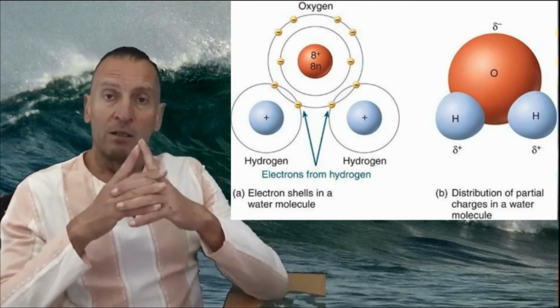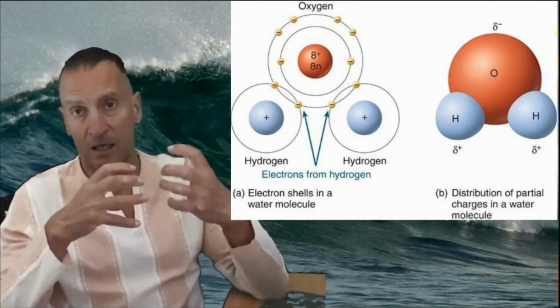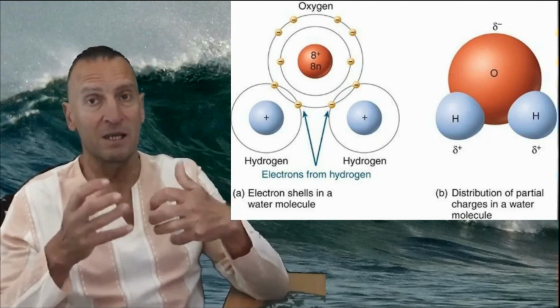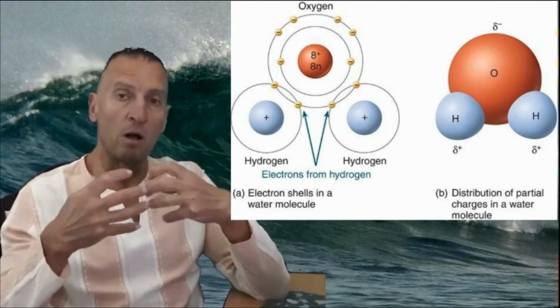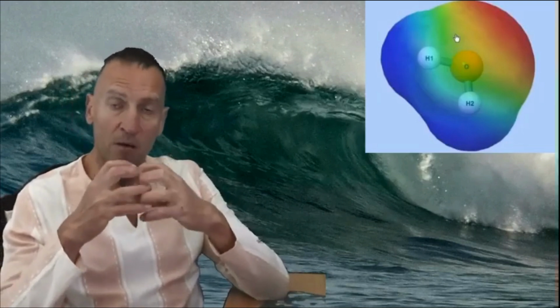Now, oxygen is not as strong as chlorine to pull the electron completely from the hydrogen. This is why it's a polar molecule, but it is covalent polar. This was the third one. So the first one is ionic, the second one is covalent, the third one is polar covalent, and the fourth one is metallic bonding. This is one of the strongest bondings.